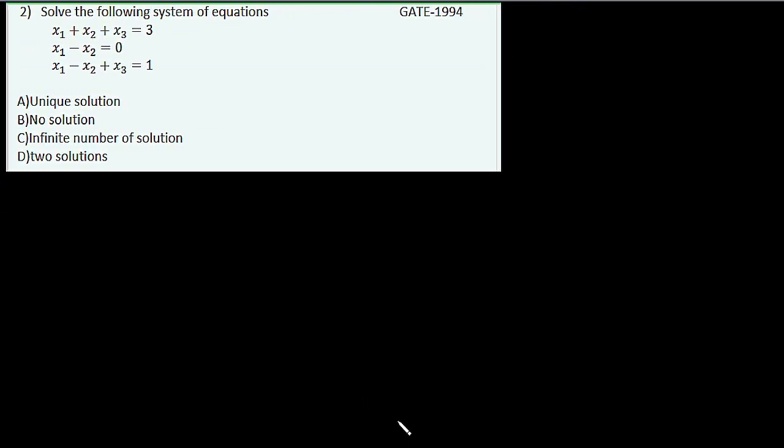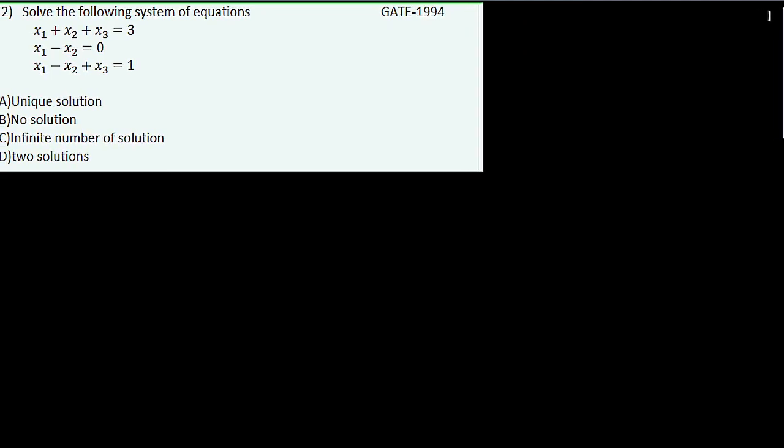Here we have the equations in terms of x1, x2, and x3, and they are asking about the solution of this system. We have to find whether this system of equations has a unique solution, no solution, infinitely many solutions, or two solutions. So first, let's form the augmented matrix.